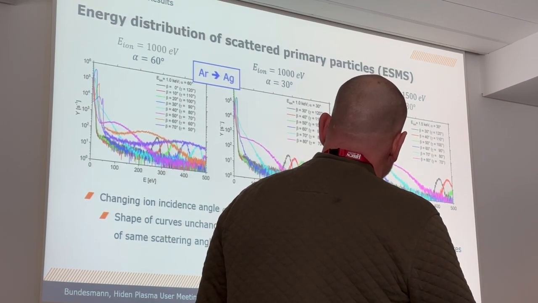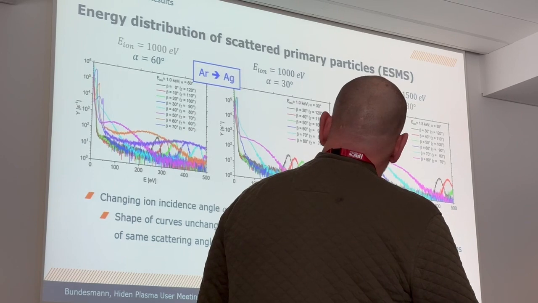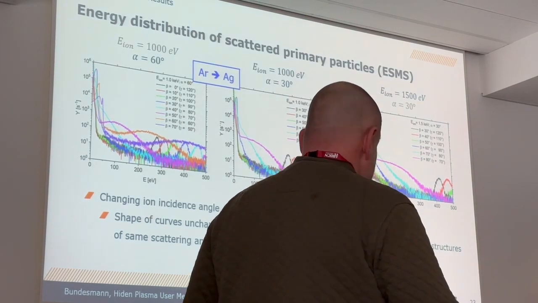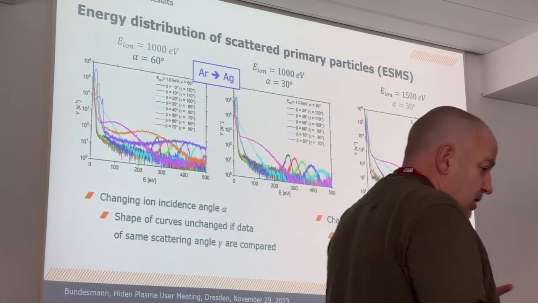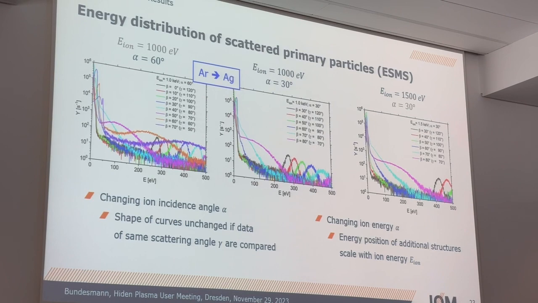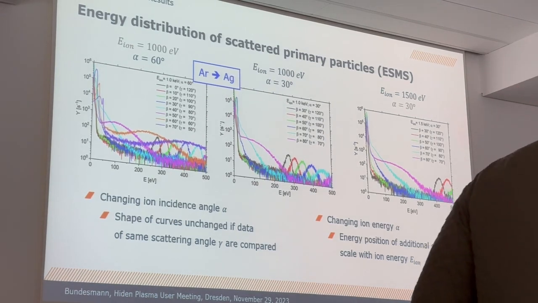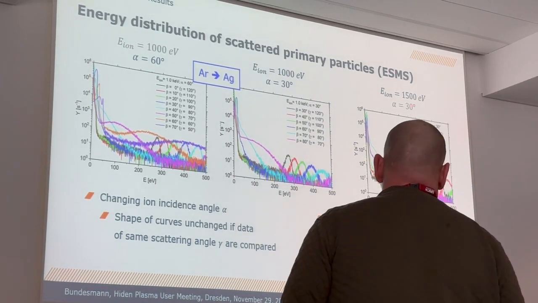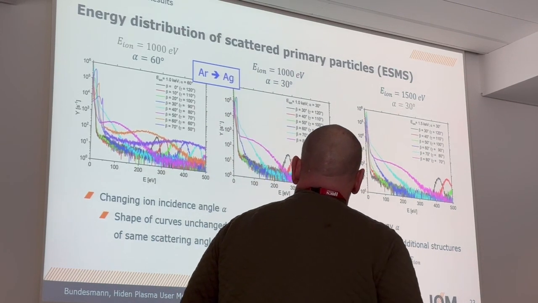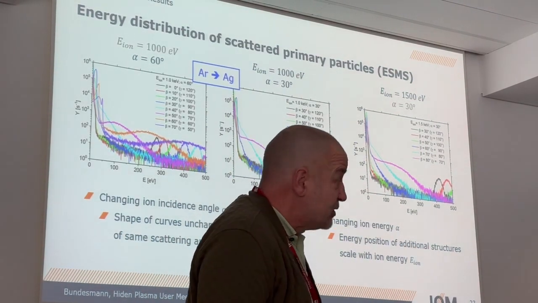And also the broad structure extends to higher energies, but the energy maximum is very similar. So this again is a good correlation with the equation where we say the energy of the scattered primary particle depends on the ion energy and on the scattering angle, or if we compare different ion incidence angles.